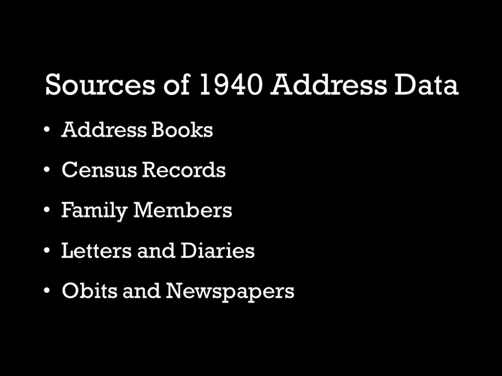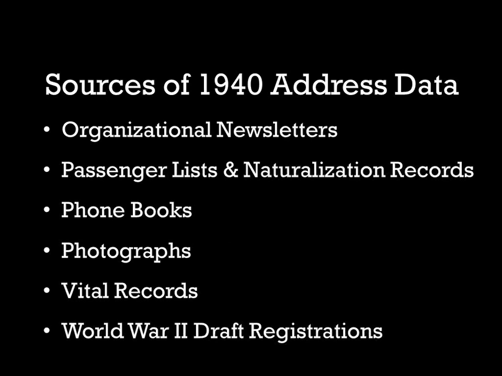Newspapers, announcements about engagements, graduations, weddings, any of that information is likely to have addresses. Organizational newsletters. I don't know if you realize, but a lot of businesses, especially the airplane industries, a lot of heavy industries, big companies like General Electric, had newsletters that they put out every month, and they often had addresses for people.